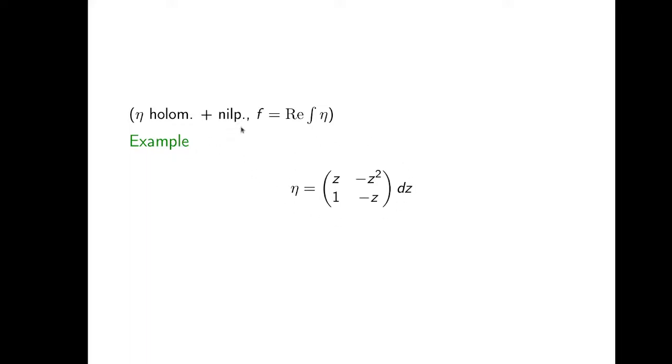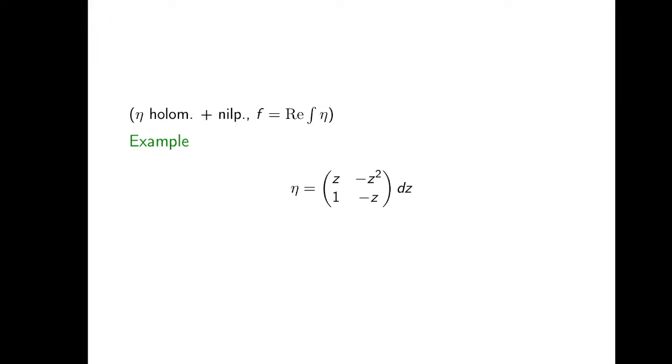It is also nilpotent, you can check that. And it has null trace. Now, with this potential eta, you can take a primitive on a simply connected domain, and then take the real part of the result. This will give you a minimal immersion into SU2, which you can identify with R3.